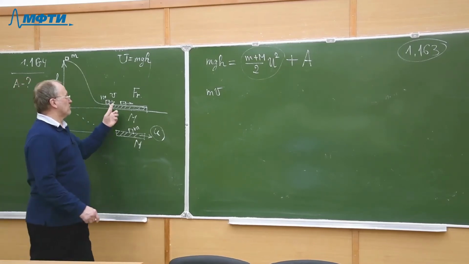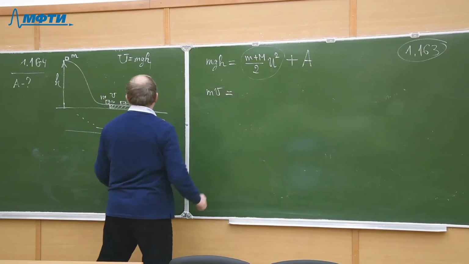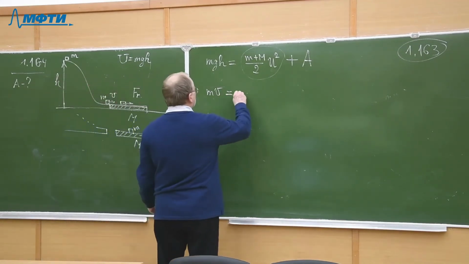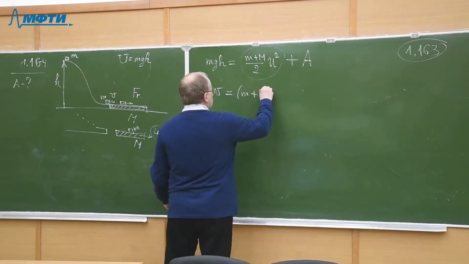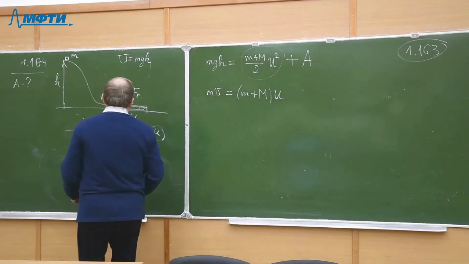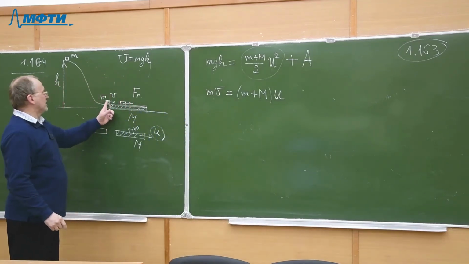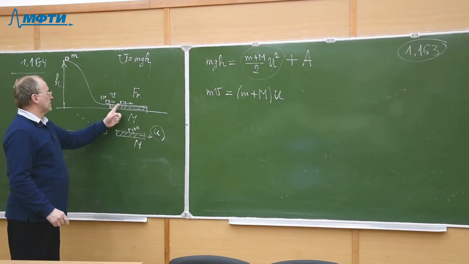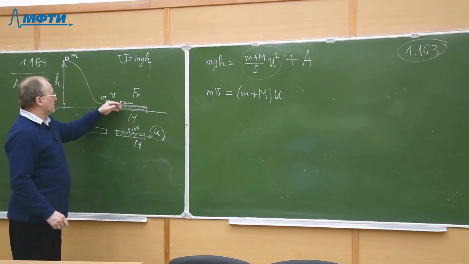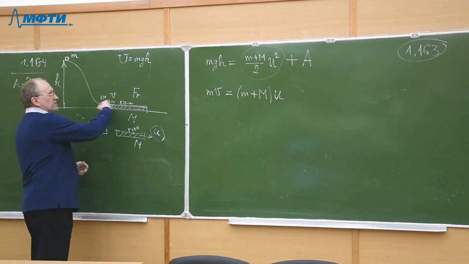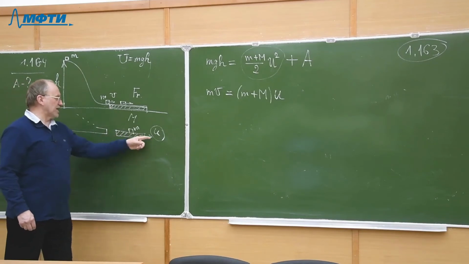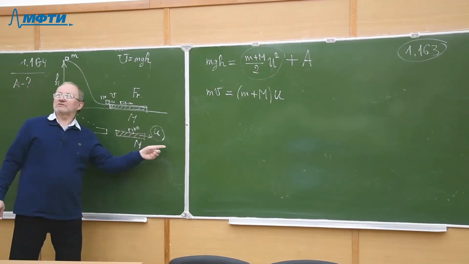And this initial momentum will be transformed finally to a final momentum of the whole system, small m plus capital M, moving with velocity u. Because when the disk is interacting with this plank, it moves on the surface of the plank and it decelerates because forces of friction decelerate it. But the plank is accelerating because the same forces of friction act on the plank.